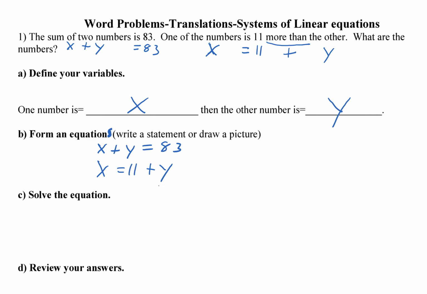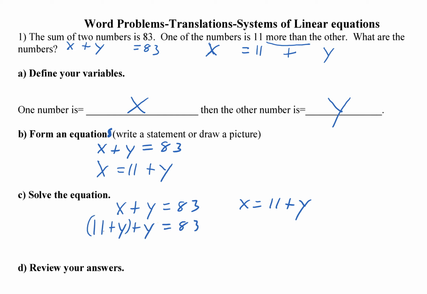And so this is a substitution. We have x plus y equals 83 and x equals 11 plus y, so we can substitute our x with 11 plus y. Then we subtract 11, so 2y equals 72.